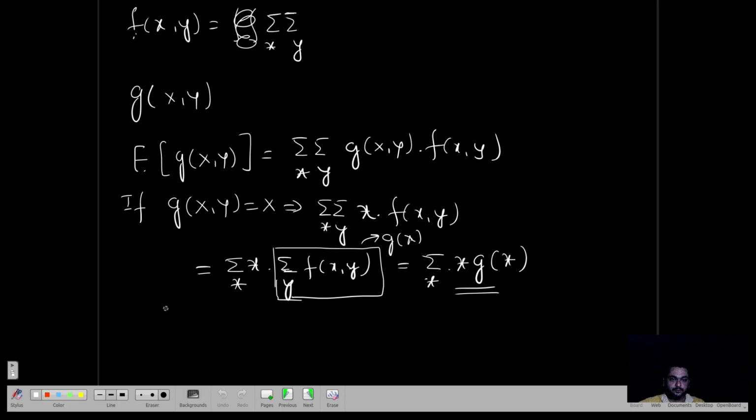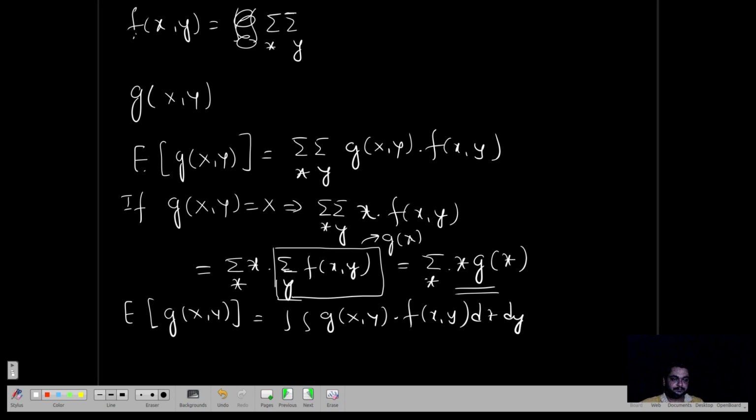Similarly, for the continuous variable, the expectation of g of x comma y is the double integral of g of x comma y into f of x comma y dx dy. If g of x comma y is x, and I apply this to the marginal, then it becomes the double integral of x into f of x comma y dx dy.